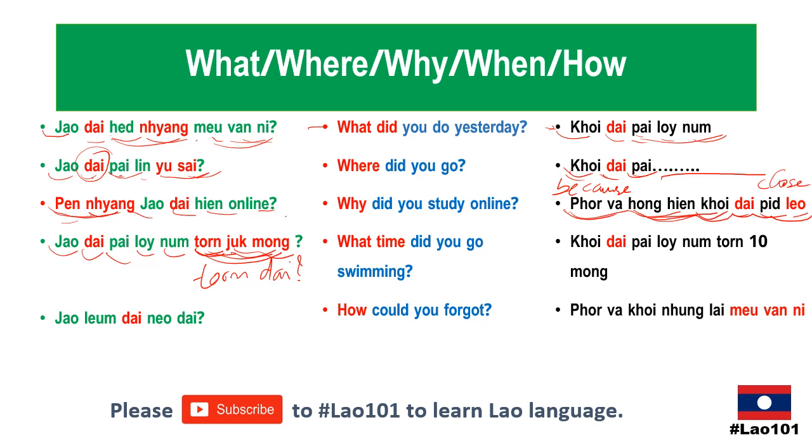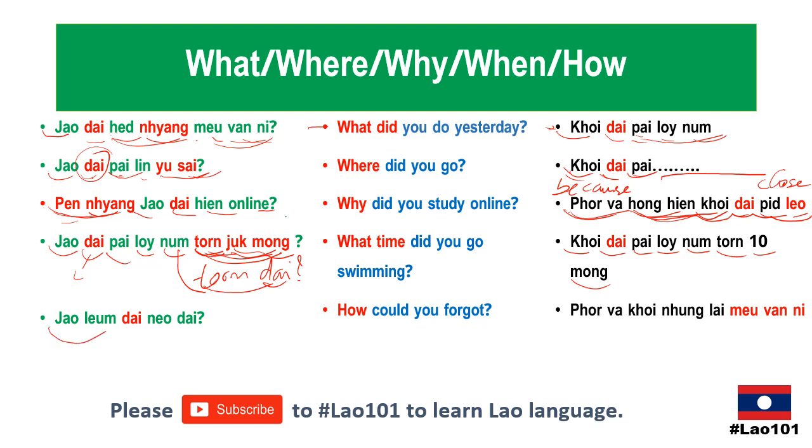Here ได้ means get, and ใด here is the ending word of the question, so don't confuse these two. ตอนใด is the word for when. What time did you go swimming, or when did you go to swim? ค่อยได้ไปลอยน้ำตอน 10 โมง. I went swimming at 10 o'clock.